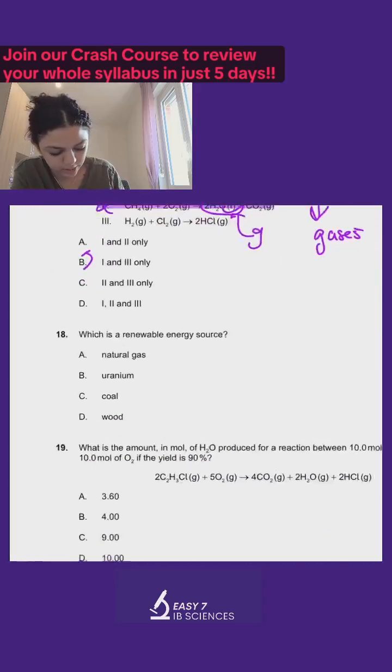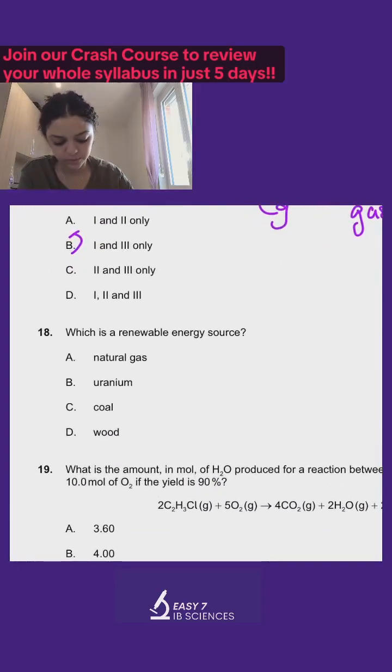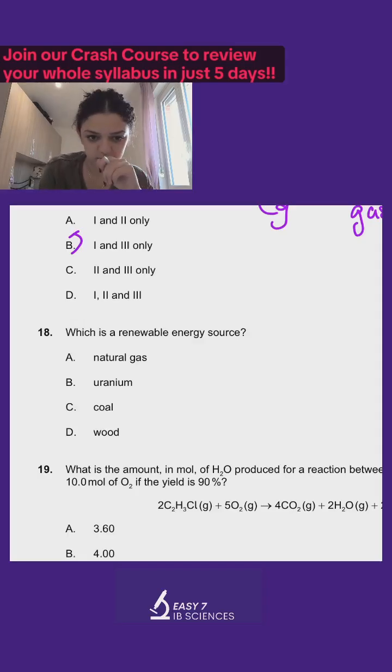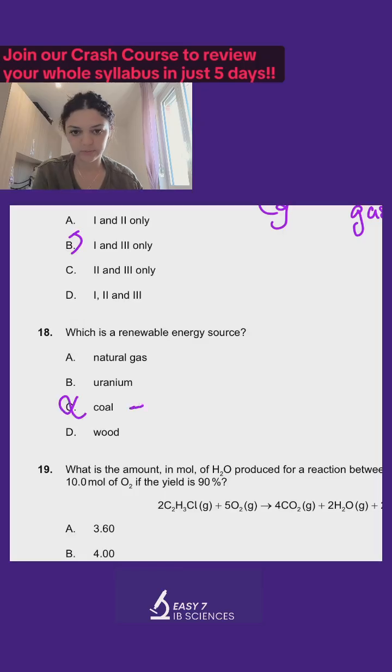Okay, nice. Which is a renewable energy source? If you do bio, this might help you also in answering. Is coal a good energy source? Coal actually produces climate change. So no, not that one.